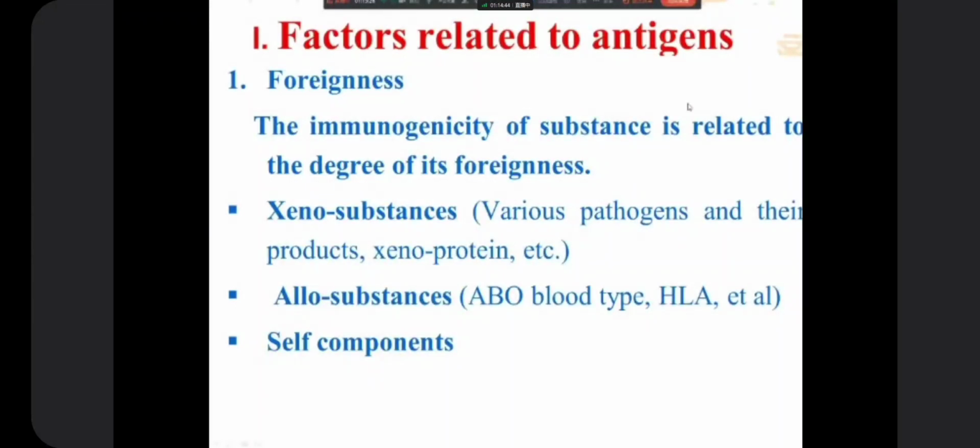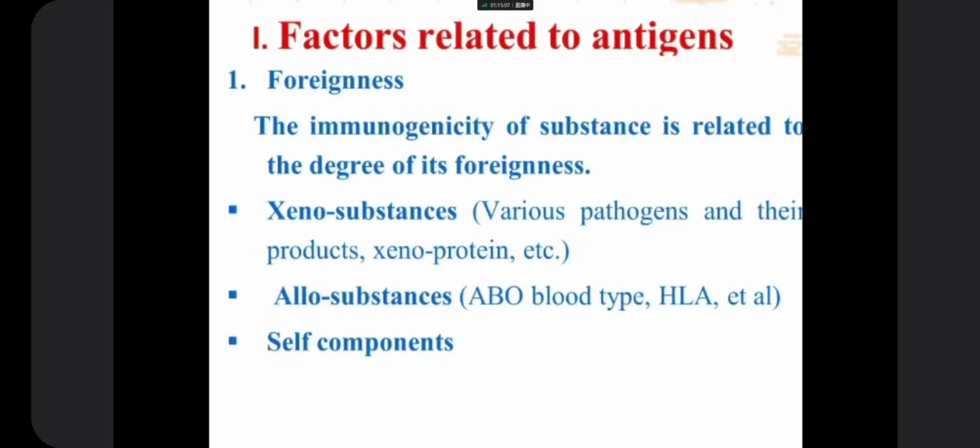The factors related to antigens involve foreignness. The immunogenicity of a substance is related to the degree of its foreignness.